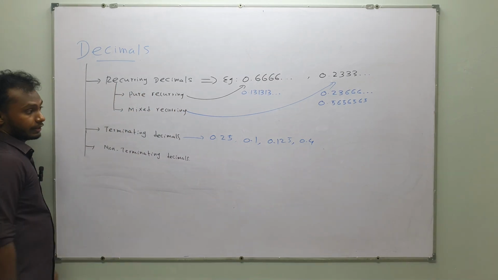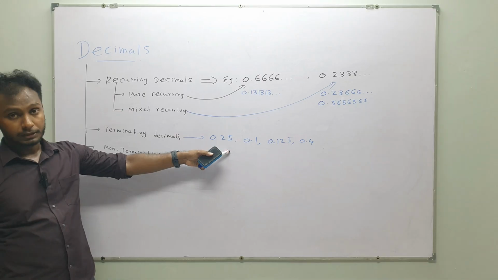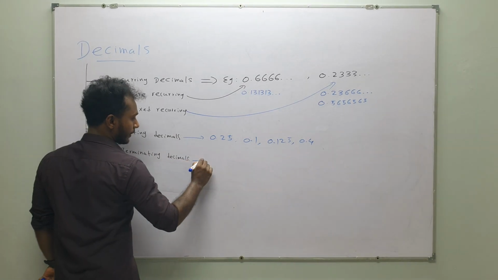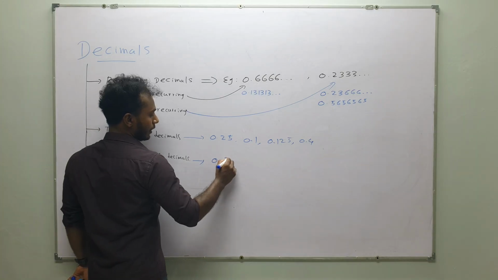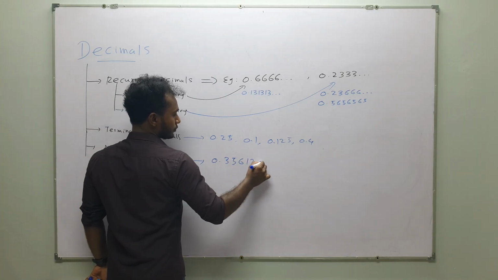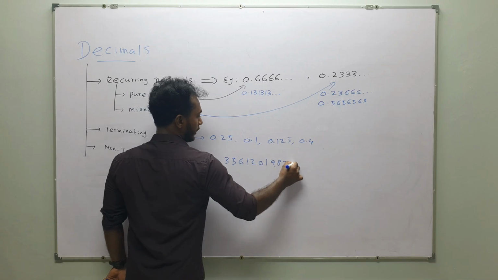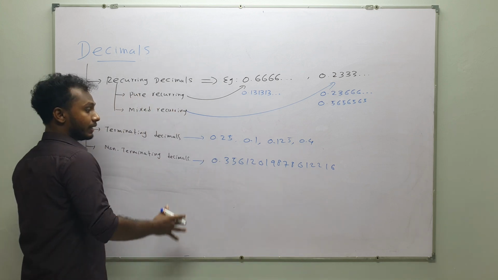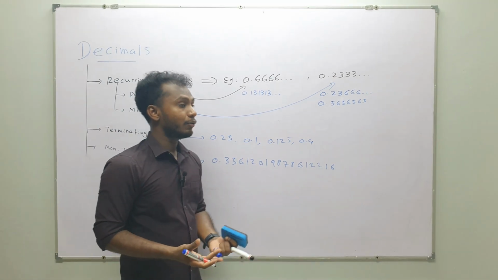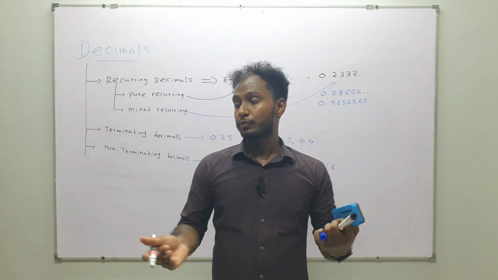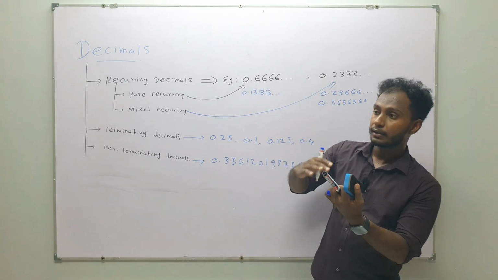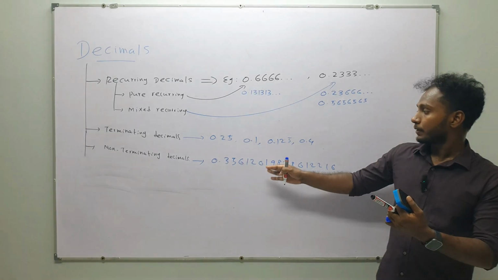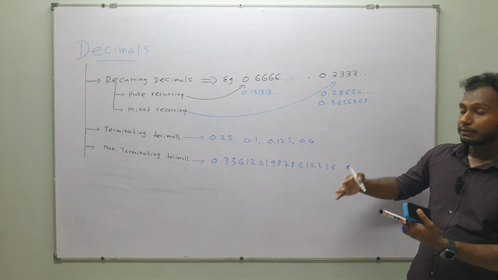Then what are non-terminating decimals? If these are terminating, the non-terminating ones should not stop. For example, 0.35612019878612216. There's no exact pattern, but they never stop. You might have encountered this kind of decimal when dividing, where a remainder is always left that is again divisible.